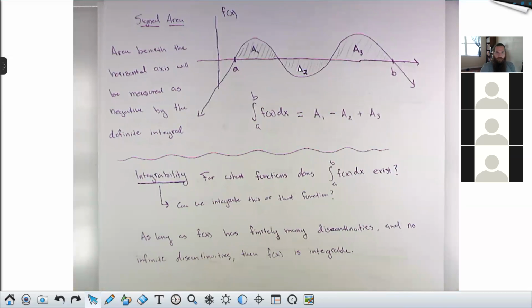So it can't be discontinuous at infinitely many places, and it can't have a discontinuity where it blows up to infinity.